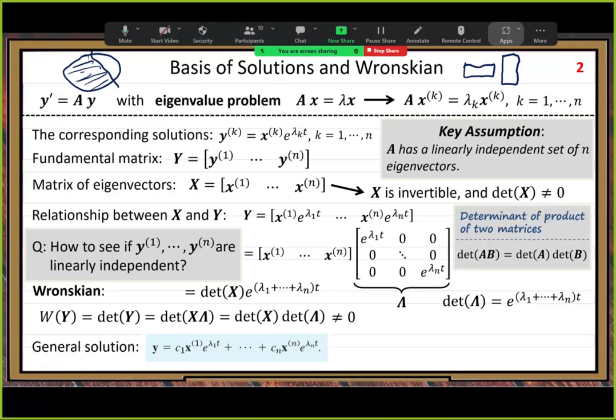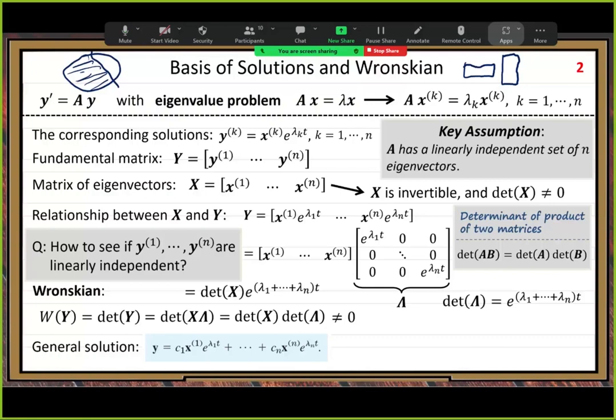First, C1, C2, Cn are all scalars, single numbers. All the E functions are also scalars, single numbers. Then the capital letters, based on our convention, are vectors, n-dimensional vectors.